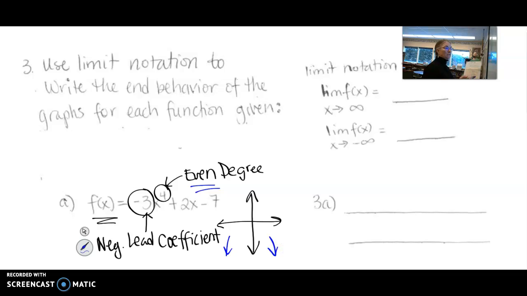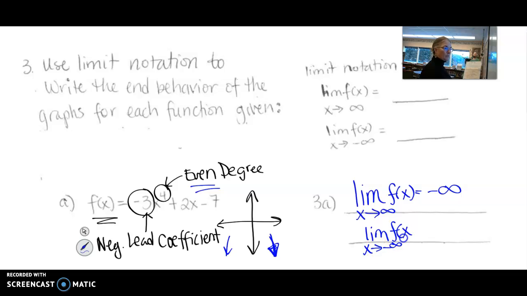So writing out your limit notation, again, with an even degree, you can write it as a single limit. You can split it into two different ones. I'll do that to show you how. As x goes to infinity, f of x is going down, so it's going to negative infinity. And then on the other side, as x goes to negative infinity, the y values, f of x, are going towards negative infinity as well.